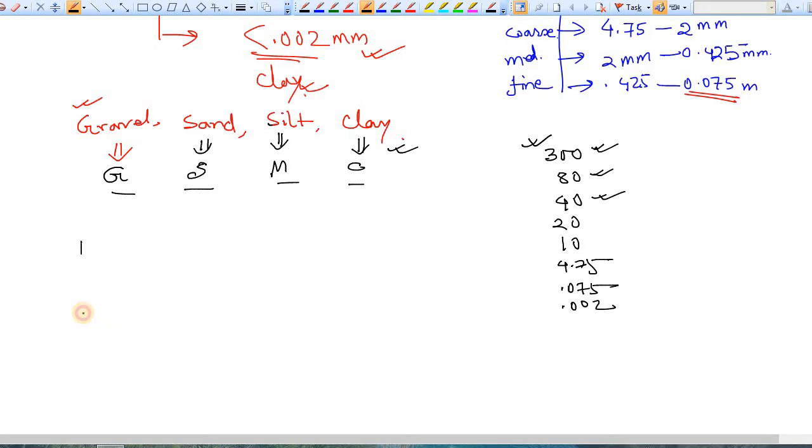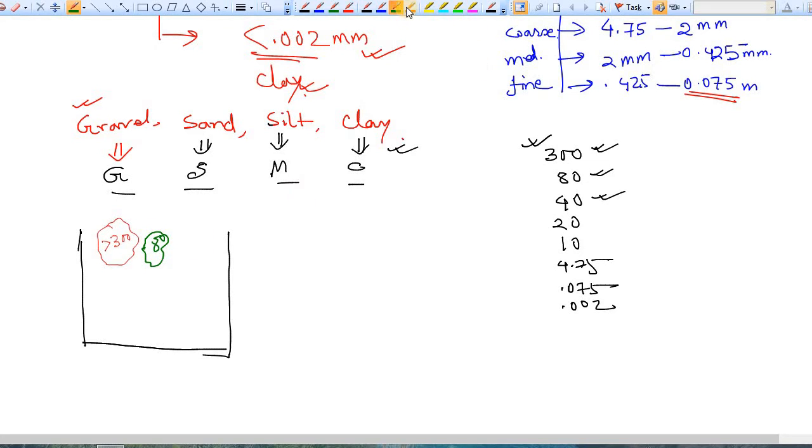Let's say this is a big jar, and within this jar there are all types of soil particles. Let's say the maximum size is greater than 300 mm, so it is your boulder, and let's say this is the cobble, that is 80 mm.